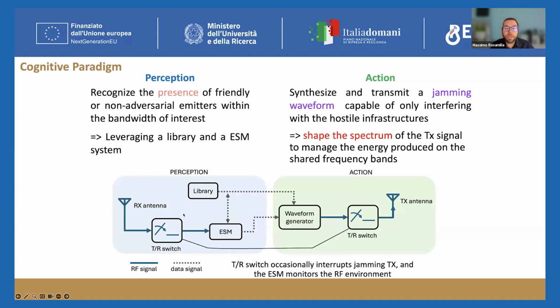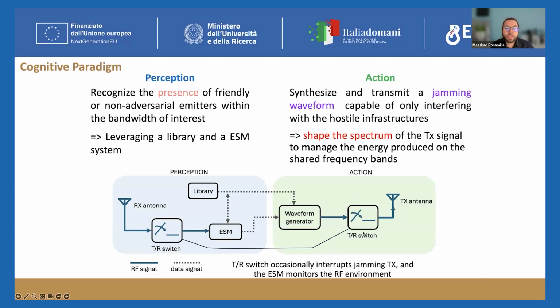This stage can be implemented by leveraging a library providing the parameters of friendly emitters, and through an electronic support measurement system that analyzes the bandwidth, extracts the relevant spectral parameters, and recognizes the presence of friendly spectral activities. In this regard, a TR switch occasionally interrupts the jamming transmission to allow the ESM to monitor the radio frequency environment and perform the perception stage.